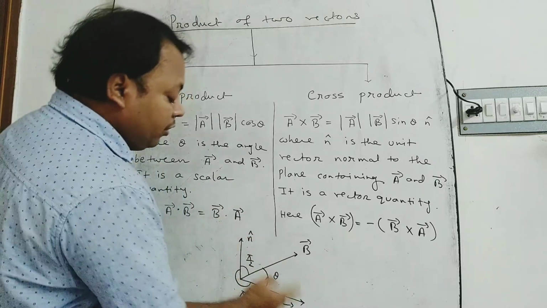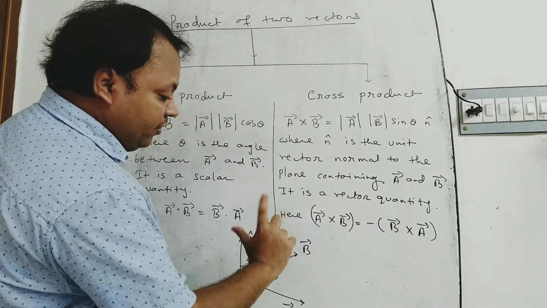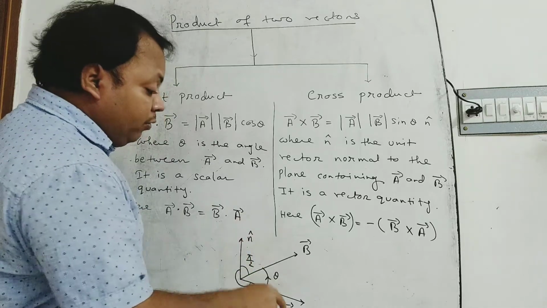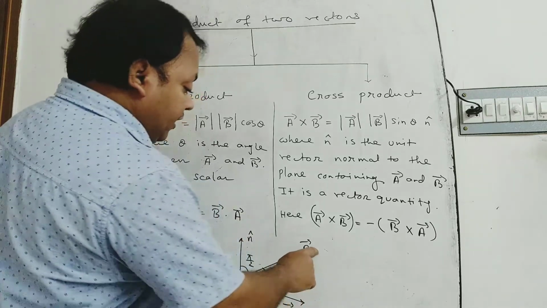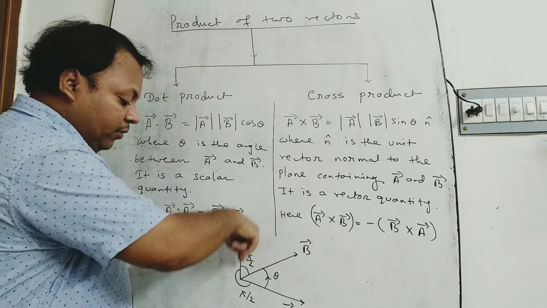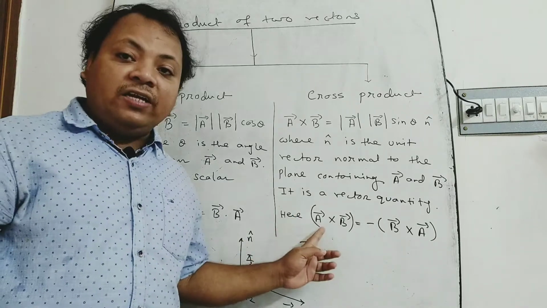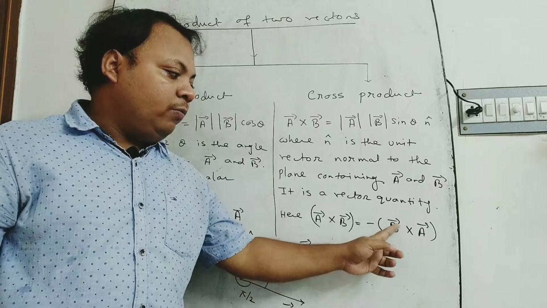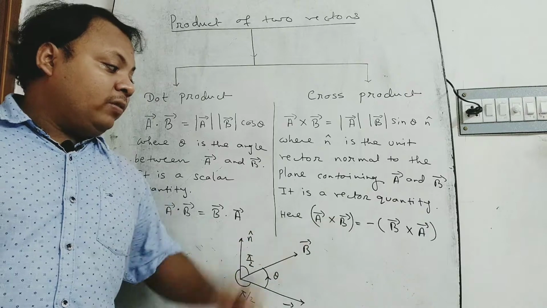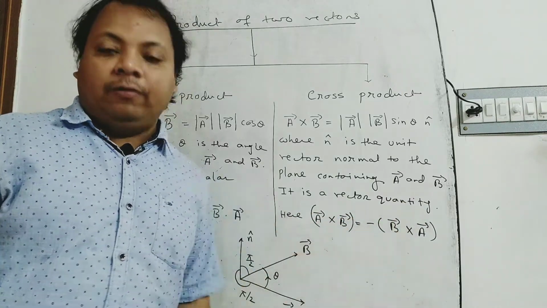That is, when we multiply a cross b, the direction of n cap is the outward normal. When we write b cross a, then the direction of n cap is in the downward direction. That's why we can write that a cross b is equal to minus of b cross a.